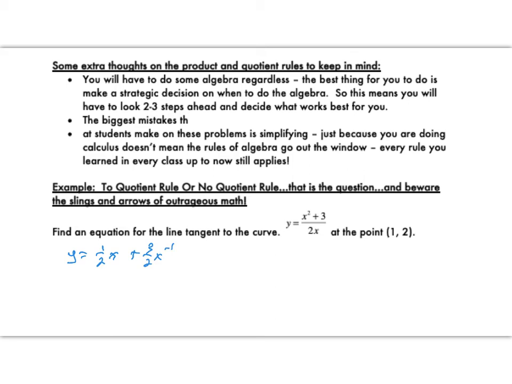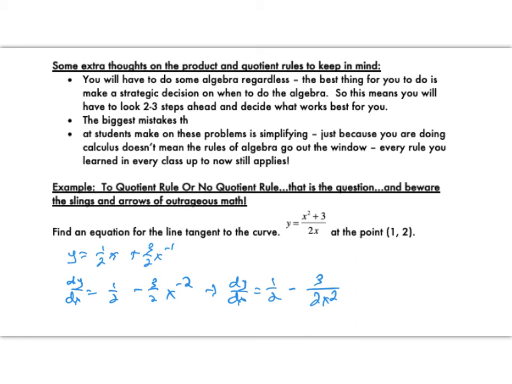And then when I take the derivative, dy over dx, I'm going to get 1/2 minus 3/2 x to the negative 2. And simplifying that is going to lead to 1/2 minus 3 over 2x squared.